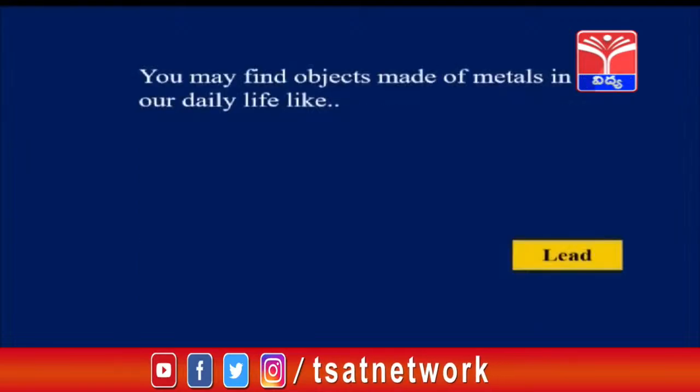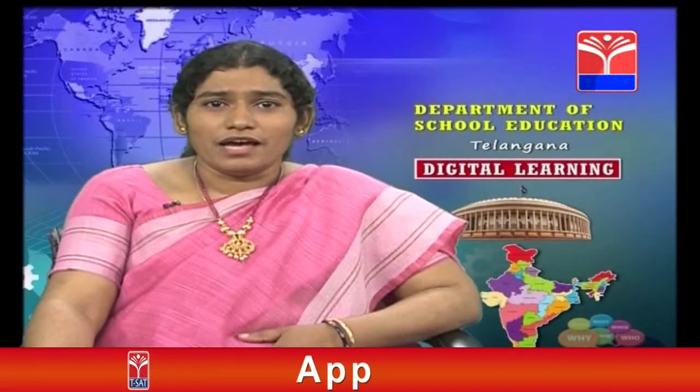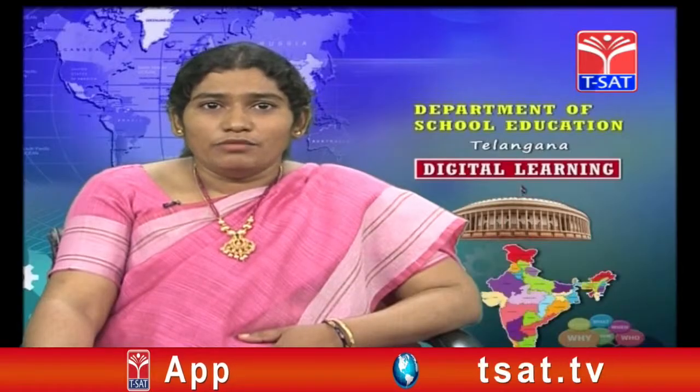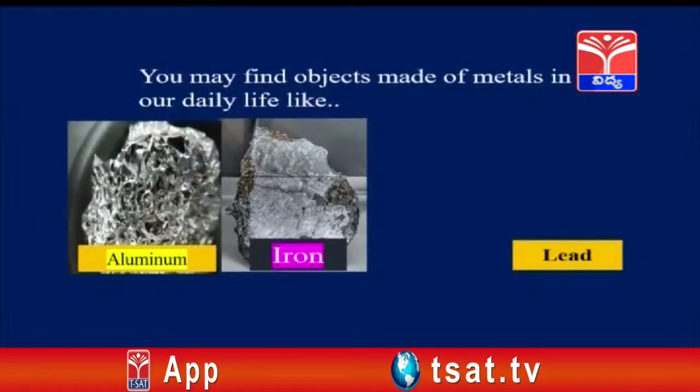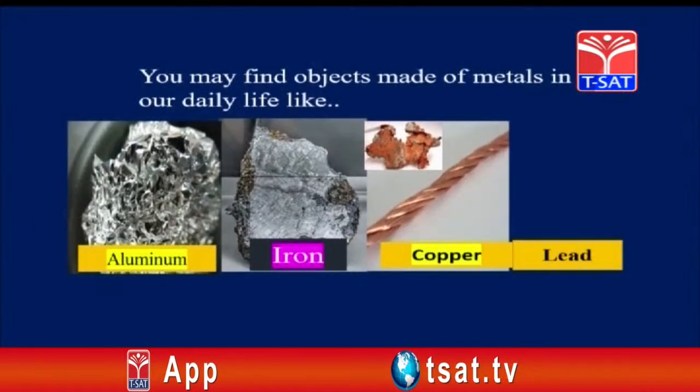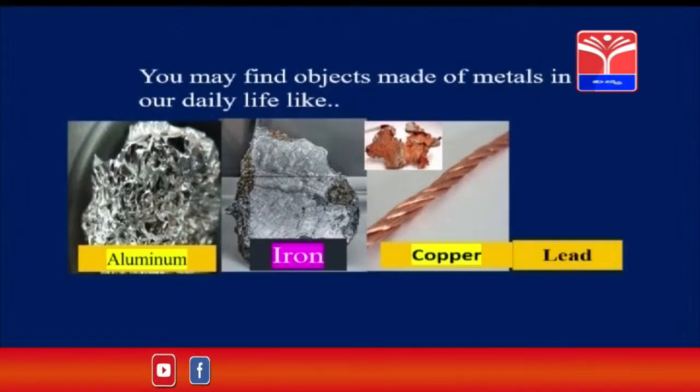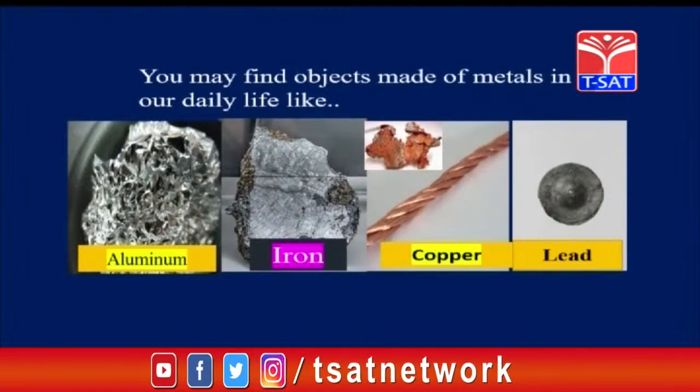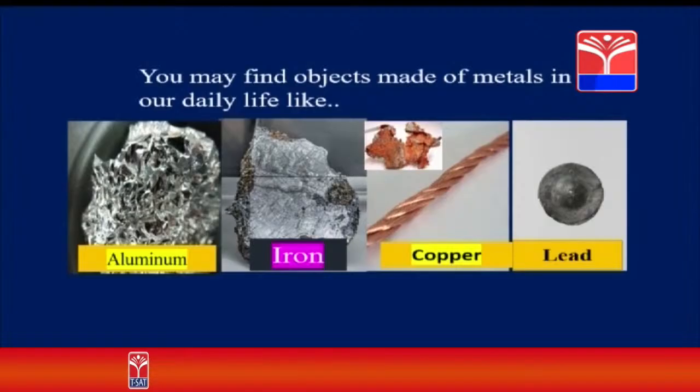Children, there are certain objects which are made up of aluminium, iron, copper and lead. So many things such as utensils, and a number of articles made of iron such as almirahs, boards, furniture and so on.